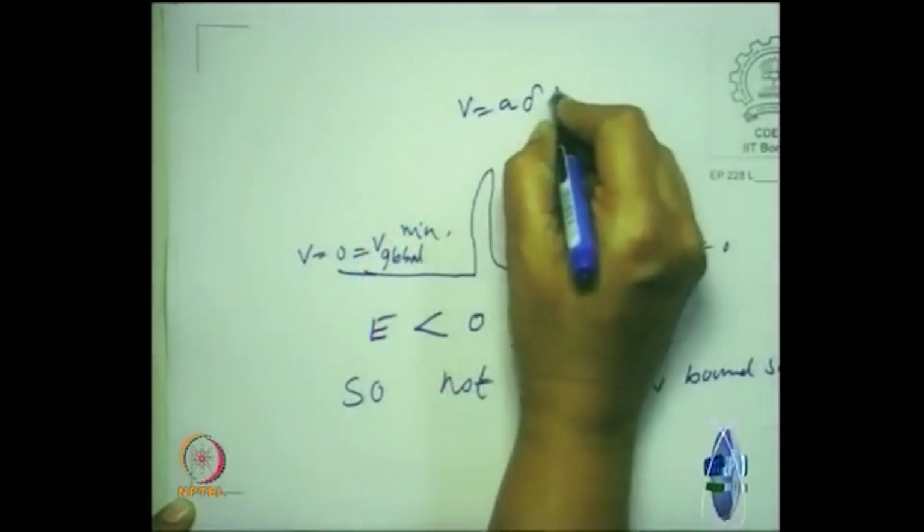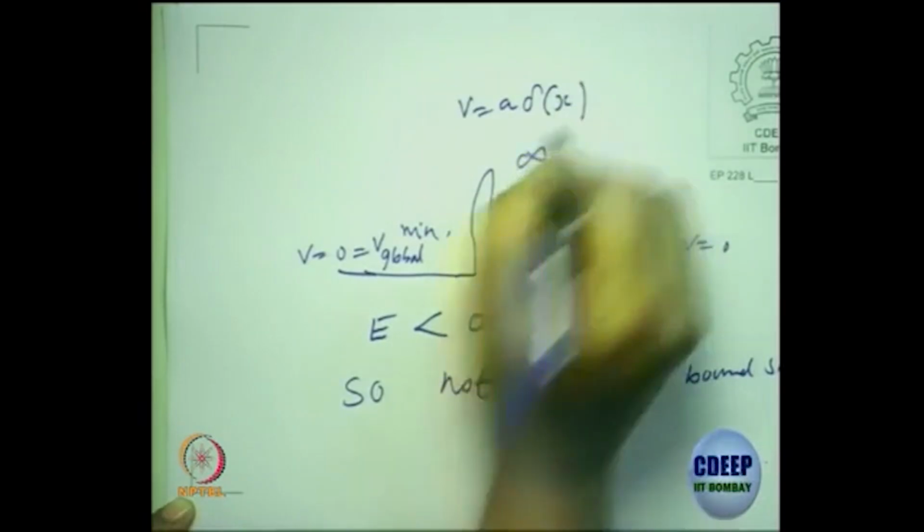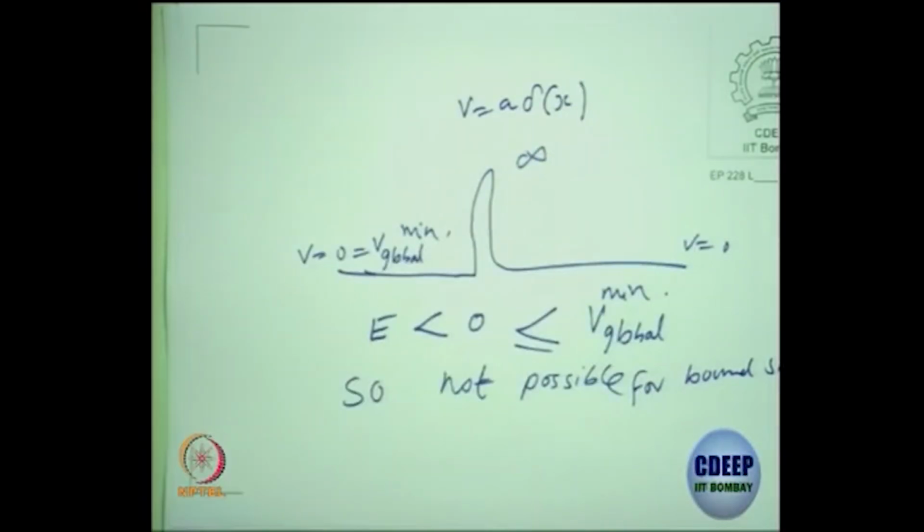Mathematics, when you do, you can still do it for the delta function. I'm sure some of you would have done it. Whatever is this weightage factor, which we write as A times delta of x, you will see that the amplitudes and reflection coefficients are all proportional to A squared and so on.